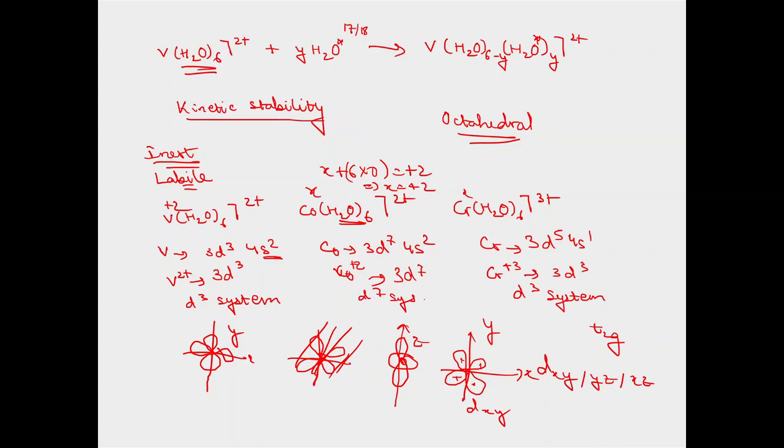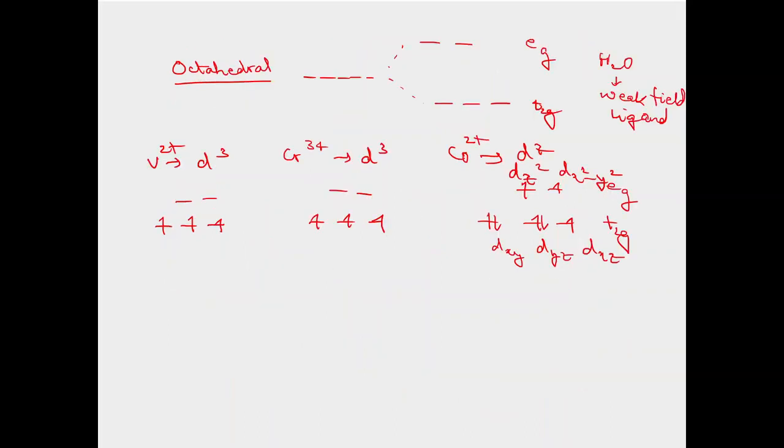So whenever any electron is present in the dx square minus y square or dz square orbital, the repulsion will be more. Therefore, if any electron is present in the Eg orbital, that complex will be labile in nature. And also the complexes in which there is vacant space in the T2g orbital.